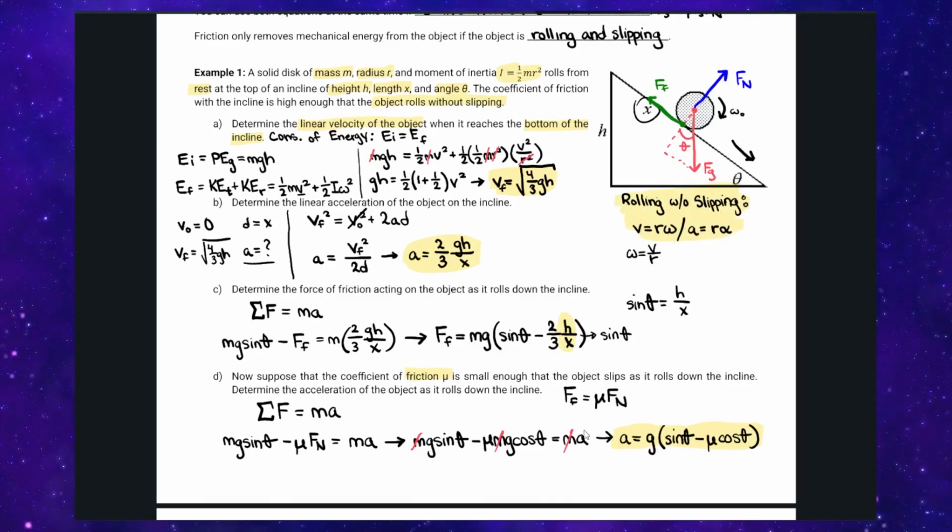You really have to extract every little piece of information and every equation that's available to you to solve one of these problems. They can get very complicated, and so it's a true test of all the physics that you know up to this point.